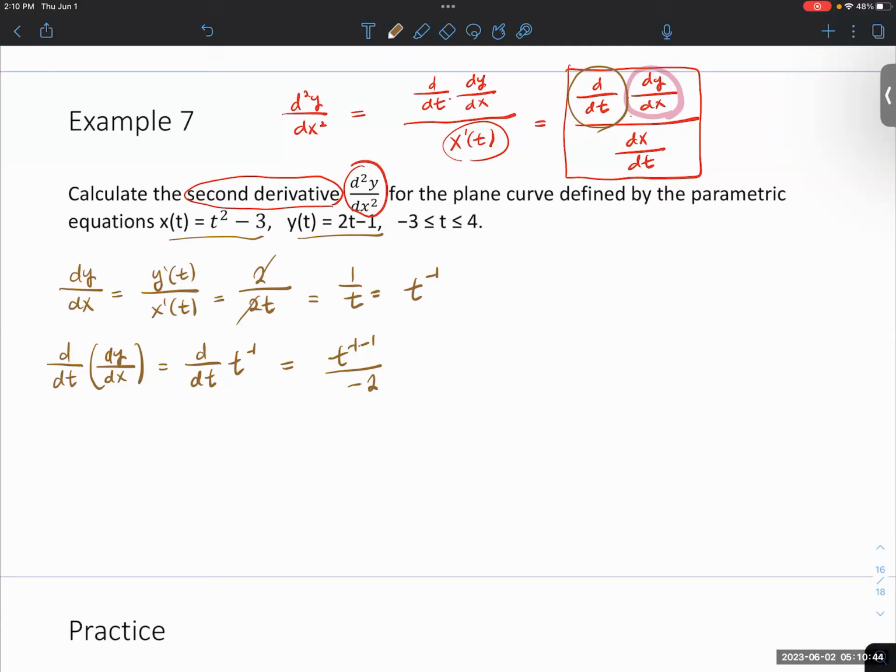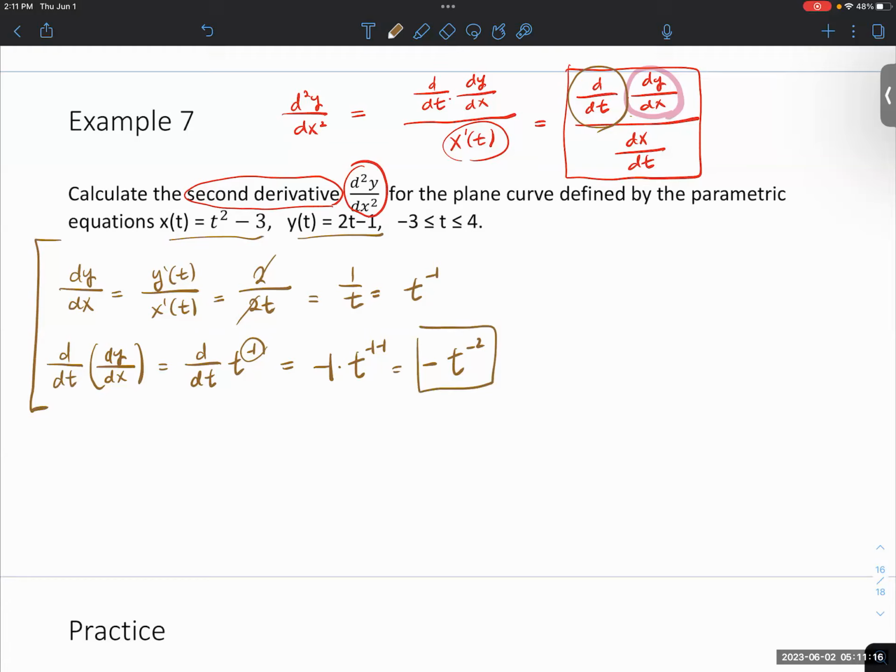So that would be t to the negative 2 over negative 2. Am I correct? Uh-oh, actually I made a mistake. This is not the derivative. I took the integral. So you bring negative 1 to the front, so negative 1 times t, and subtract the exponent. So negative t to the negative 2. This is the numerator. We finished the numerator work. Correct?